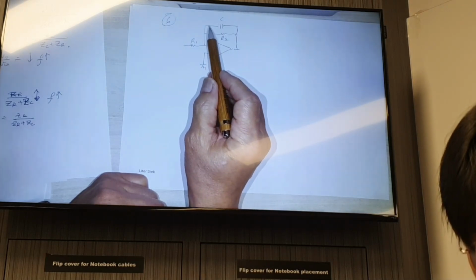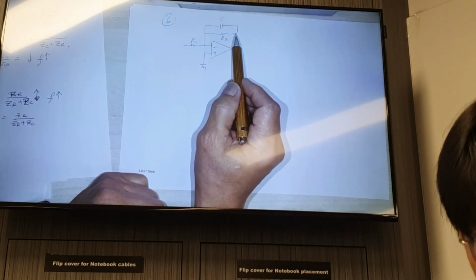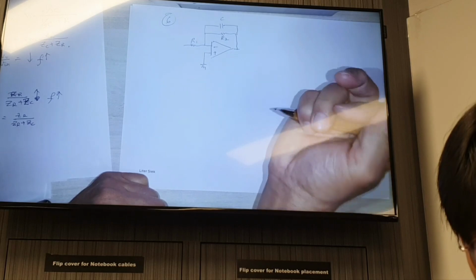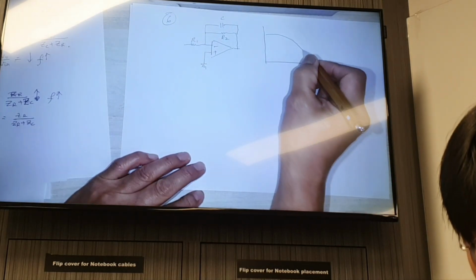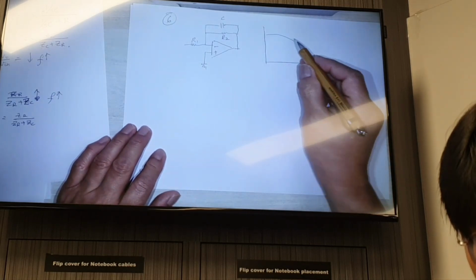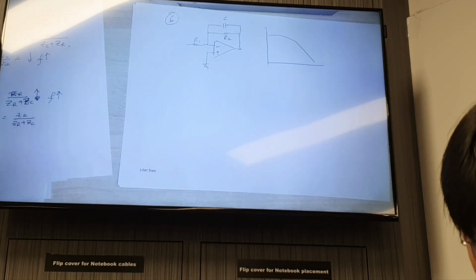As frequency increases, the impedance between the input and output through this path becomes smaller and smaller, and therefore the gain becomes smaller and smaller. In this particular case, you would have this, so your gain is going to look like this. So it allows low frequency to pass and drops high frequency.